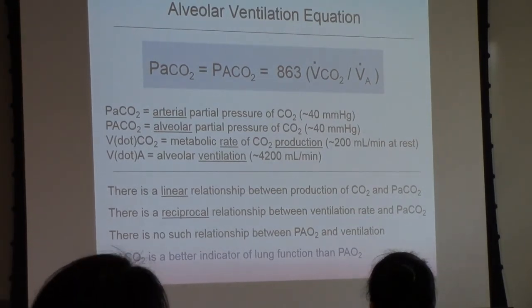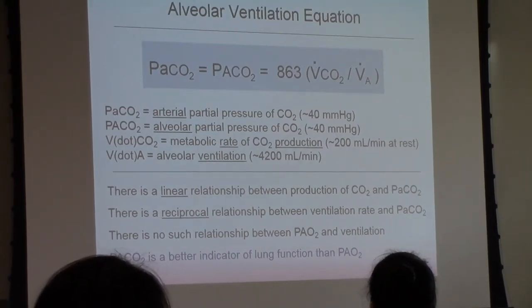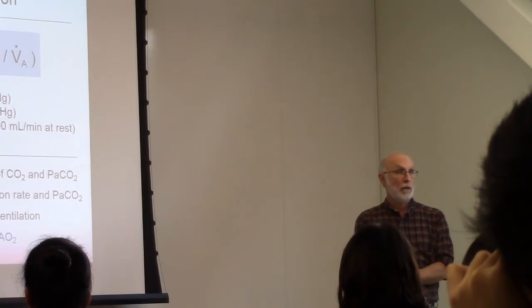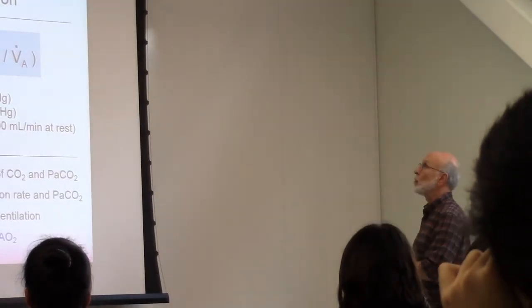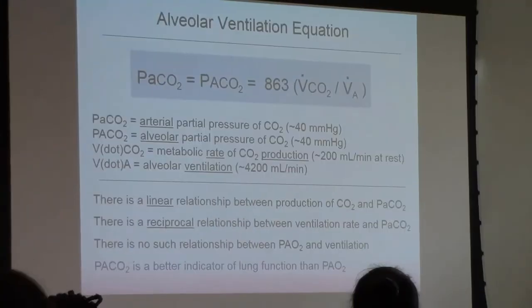Understanding that there's a linear proportionality between production of CO2 and partial pressure of CO2, and there's a reciprocal relationship between ventilation of alveoli and partial pressure of CO2. That's key.